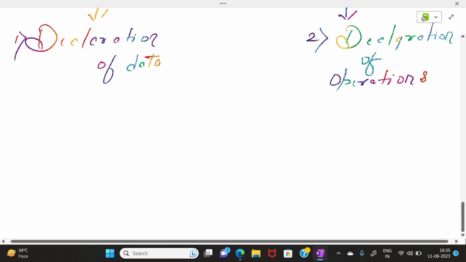Now, when we concentrate on the data structure, there could be two types of data structure. Okay, so data structure classification.